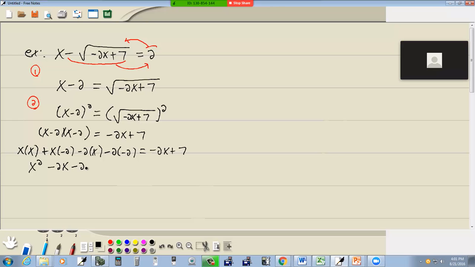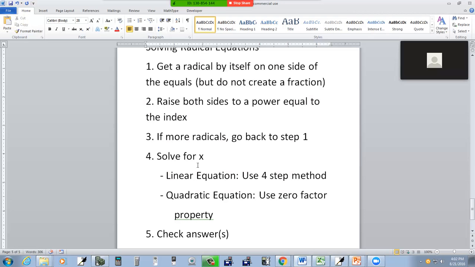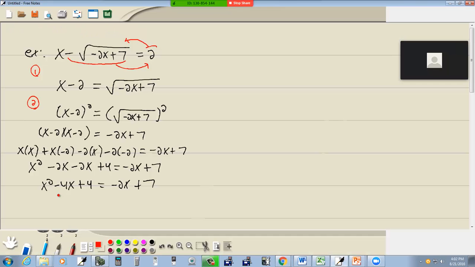Negative 2 times x is negative 2x, and negative 2 times negative 2 is positive 4. You always combine together like terms, even if the process doesn't say. Negative 2x and negative 2x is negative 4x, plus 4 is equal to negative 2x plus 7. Now step 3, if you have more radicals, go back to step number 1. We don't have any more radicals, so I don't have to do that.